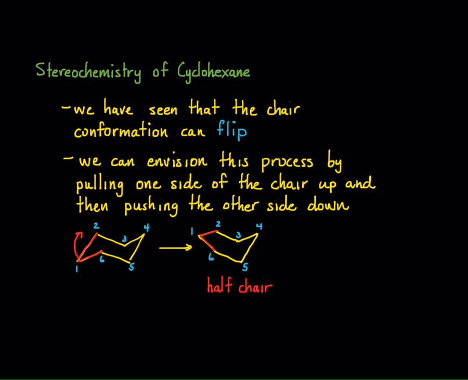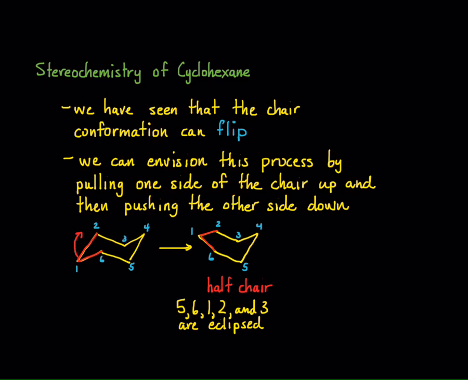So if I take a look, the 5, 6, 1, 2, and 3, all of those carbons have carbon-hydrogen bonds that are eclipsed to one another. And therefore, this is going to require a lot more energy. It's going to require energy to go from the chair conformation into this half chair conformation because now I'm increasing the torsional strain of my molecule, right?